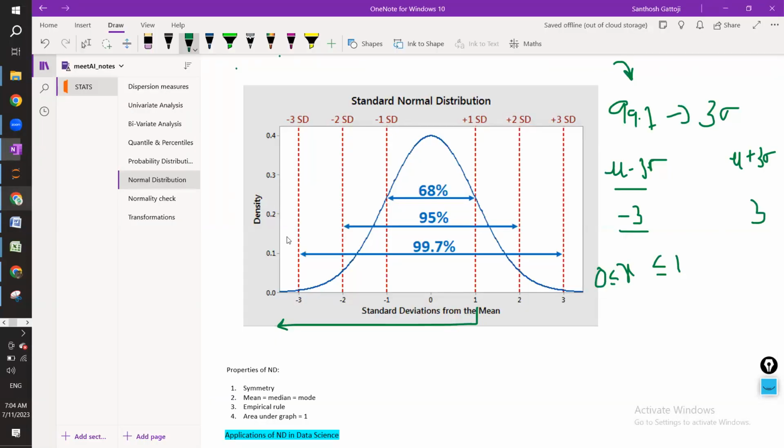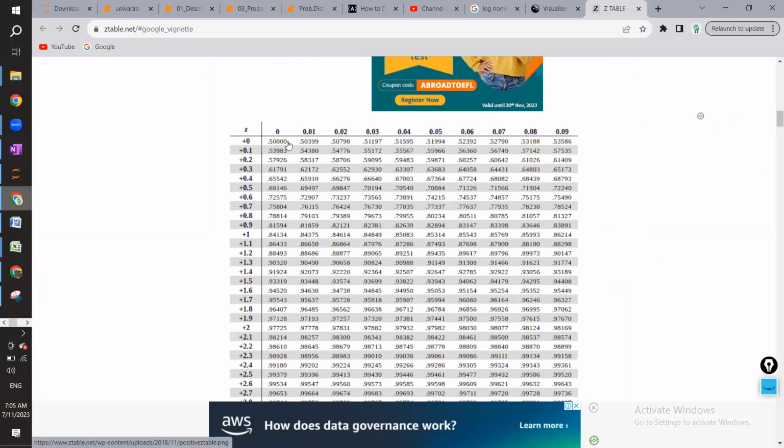So x less than or equal to 1 means this whole area, that is 0.84. Now, what is x less than or equal to 0? 0 is 0.0, so it is 0.50.